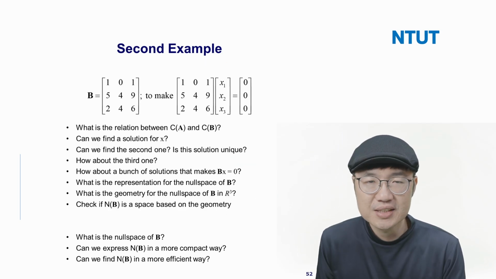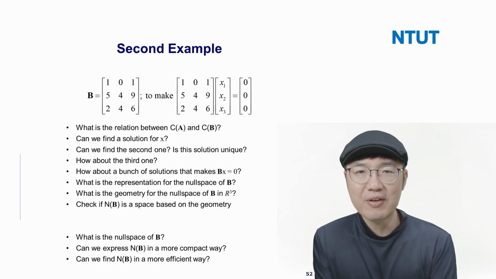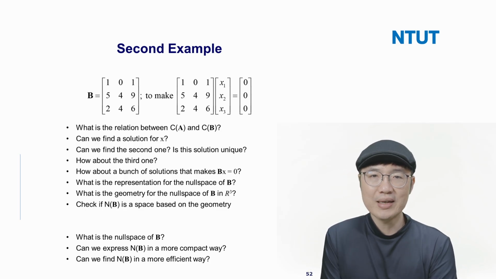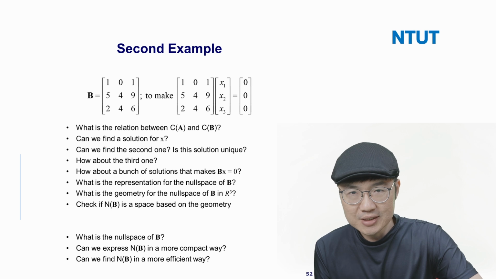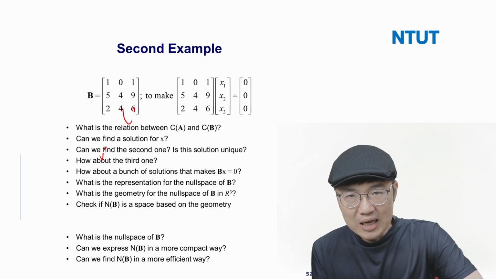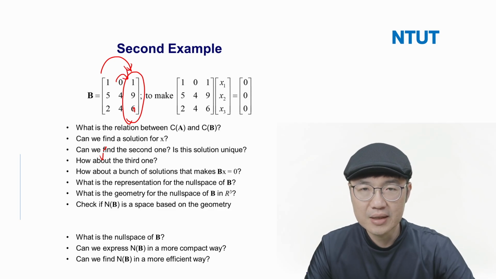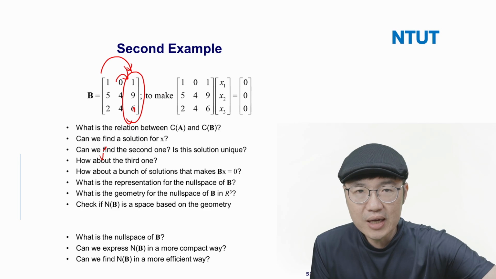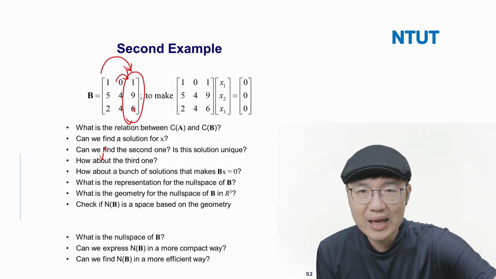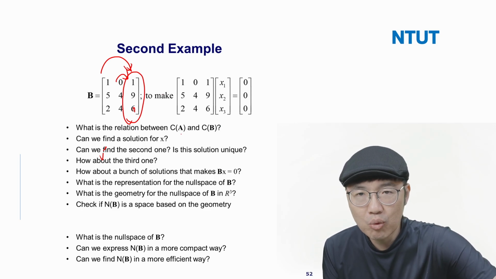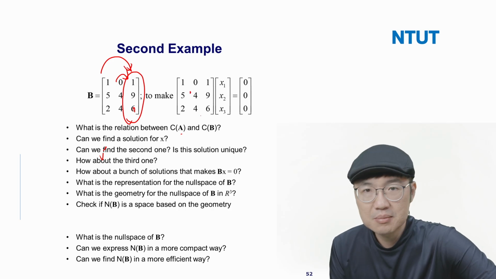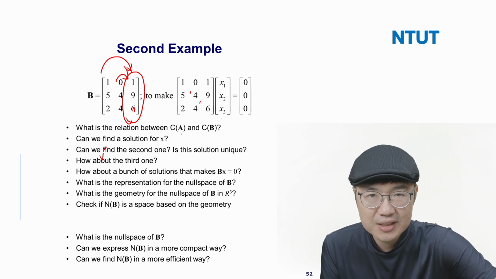But if we select 1, 5, 2, 0, 4, 4, and 1, 9, 6, which obviously come from the sum of the previous two vectors, and in this case, that third vector can be found by 1 times the first vector plus 1 times the second vector.